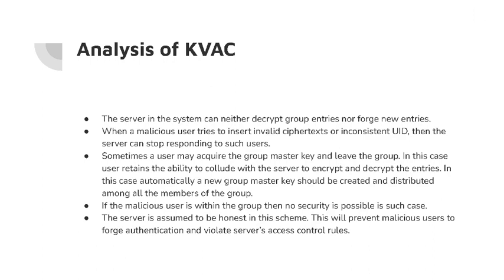Automatically, a new group master key should be created and distributed among all members of the group. If the malicious user is within the group, then no security is possible. The server is assumed to be honest in this scheme. This helps to prevent malicious users from forging authentication and violating server access control rules.